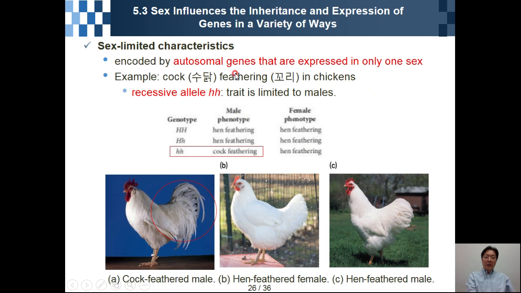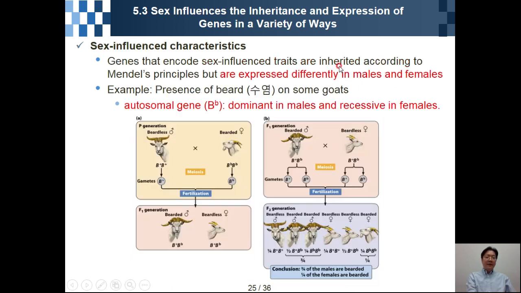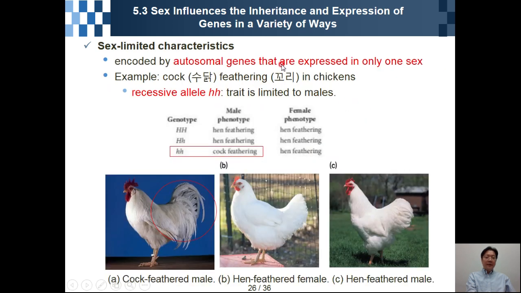But this one is an autosomal gene that is expressed in only one sex. In these cases, they can be expressed in both sexes, but they are dominant in male and recessive in female. But in these cases, they are expressed in only one sex.